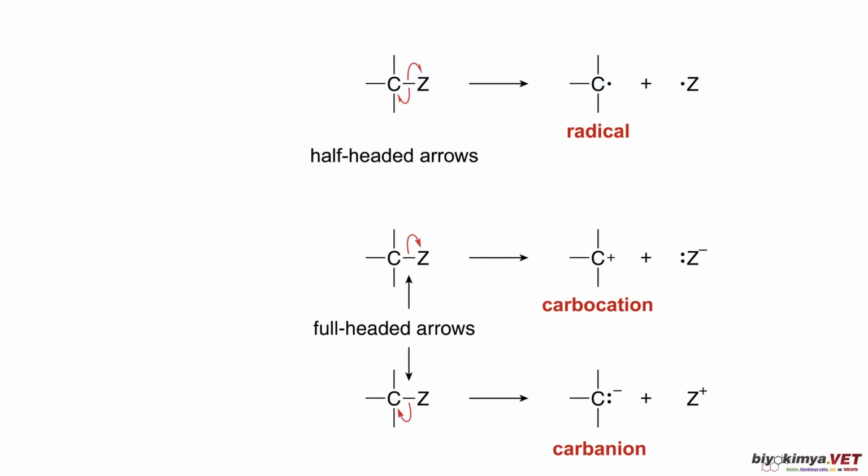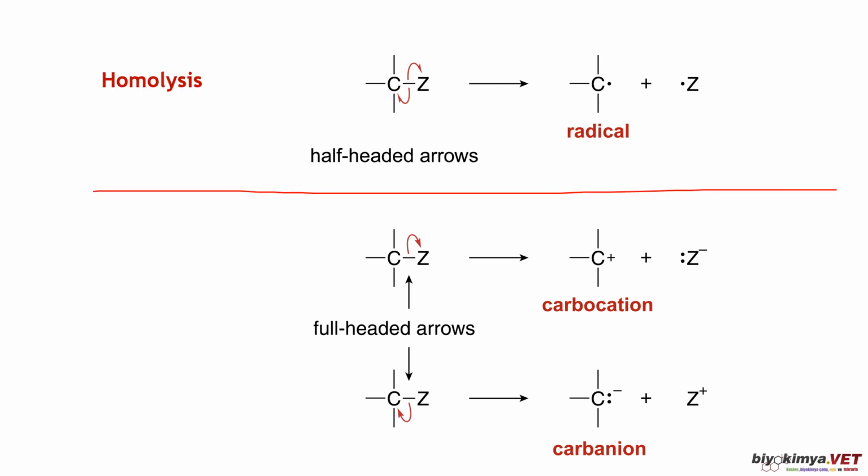And here you see all the products. First is homolysis, with half-headed curved arrows. So we have a radical, a carbon radical and a Z radical. And in heterolysis, which is the transfer of electrons shown here after bond cleavage with the full-headed curved arrow, Z gets both electrons, and the carbon forms the carbocation.